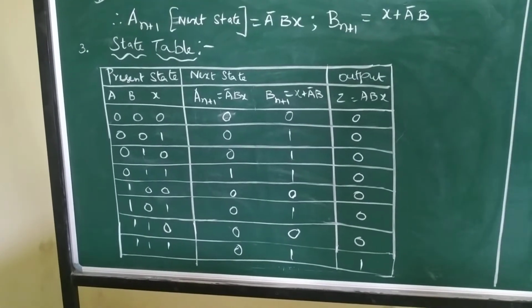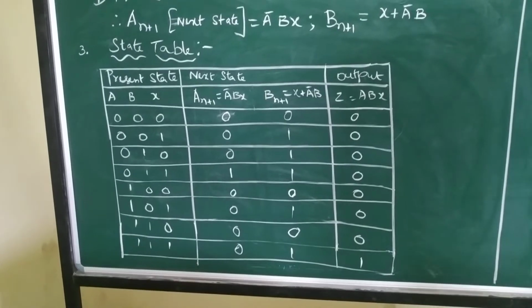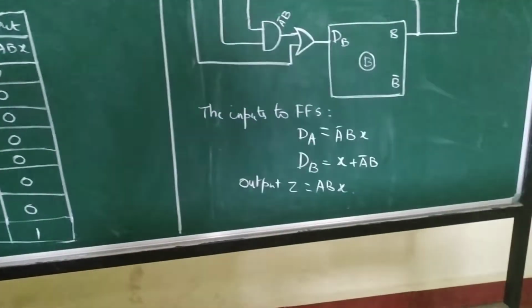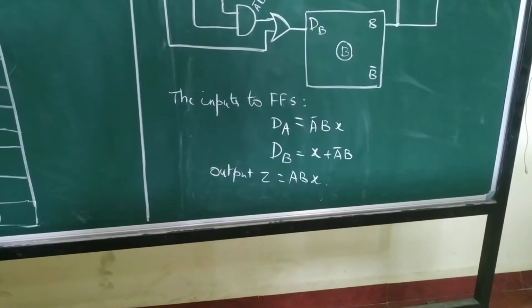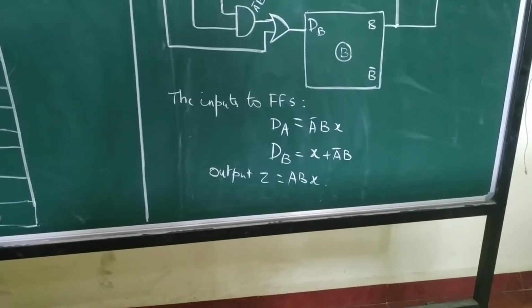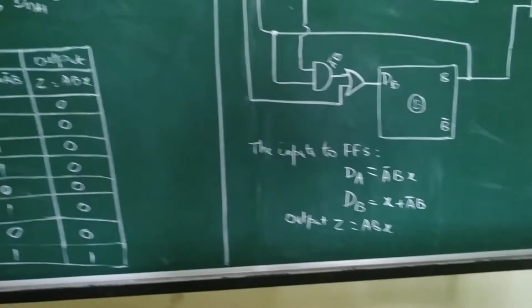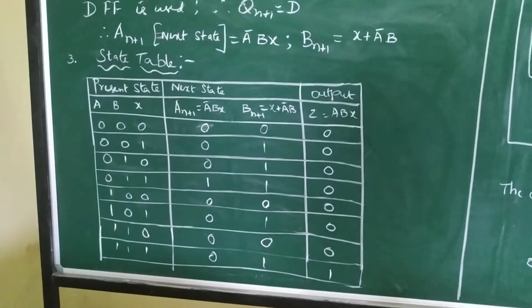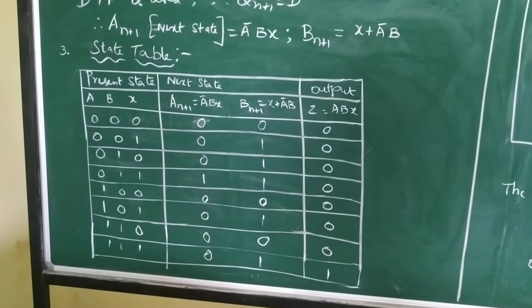And substitute the values of A, B, X into the expressions given in the problem. What are the expressions? dA, dB is equal to A bar Bx and X plus A bar B respectively. Z is equal to ABX. Substitute into that and find out the values of A n plus 1 and B n plus 1.